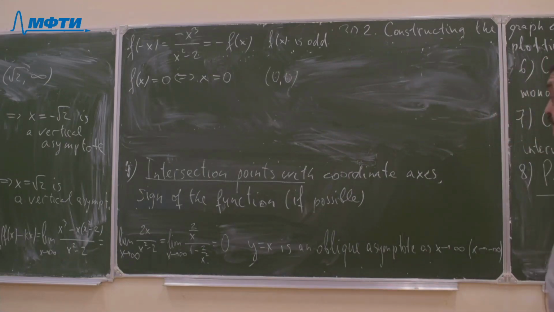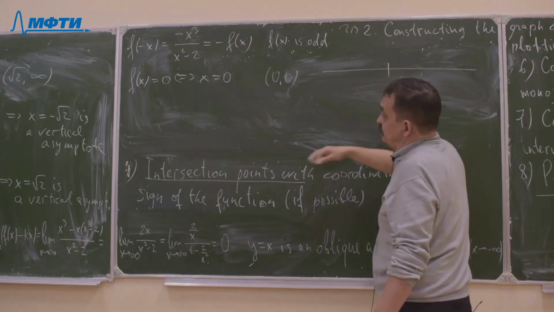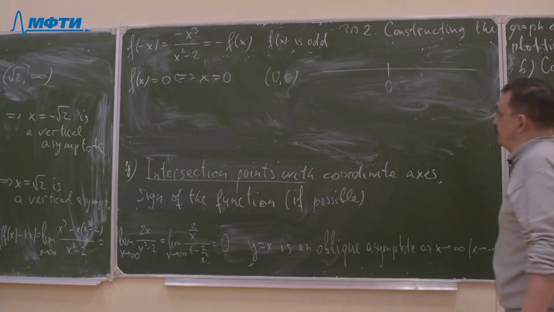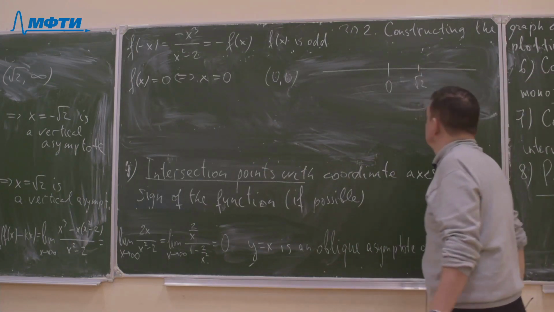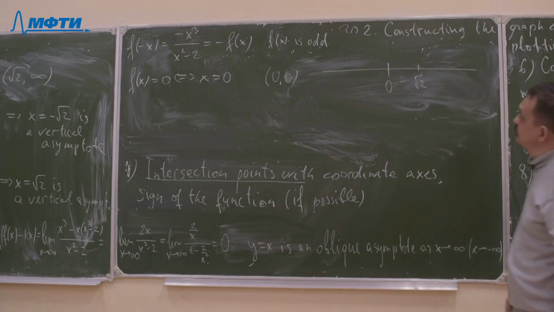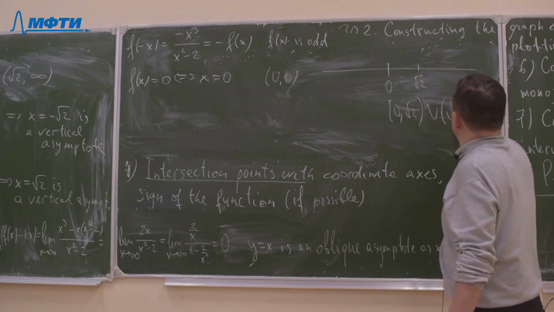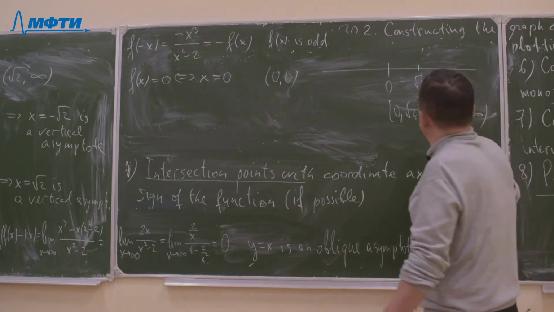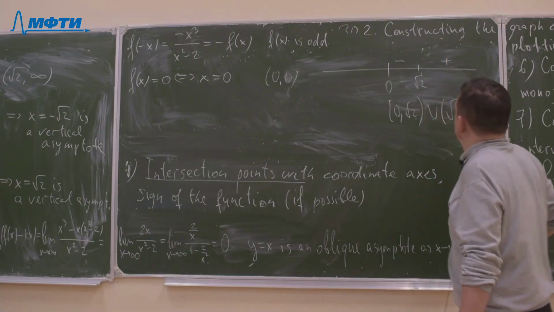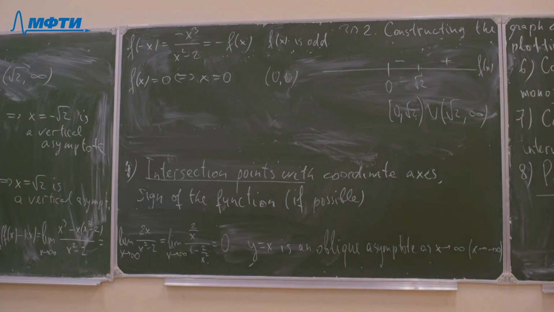And we can determine also the sign of the function, and taking into account the third step, I don't care about the negative axis, so I look only onto two intervals, 0 to square root of 2 together with square root of 2 to plus infinity, and the sign is plus here, minus here. That is the sign of f of x.